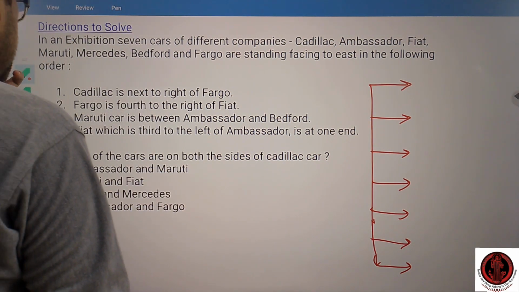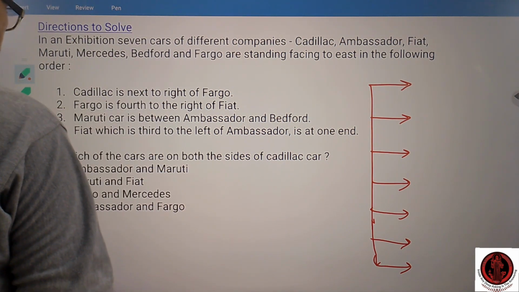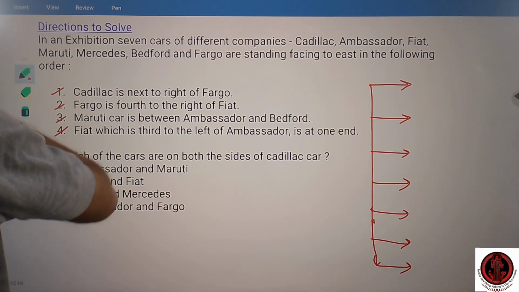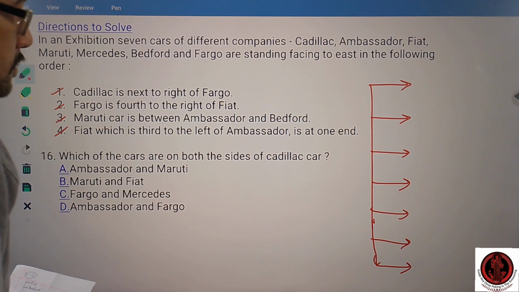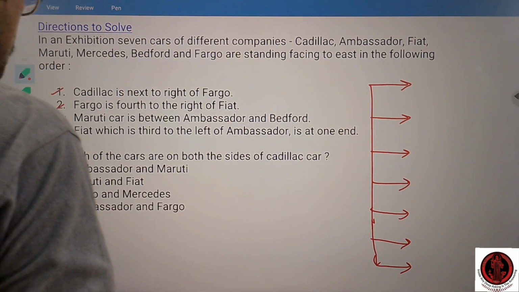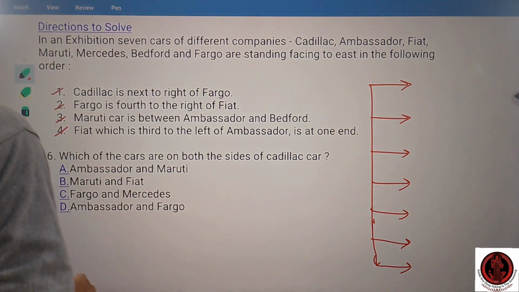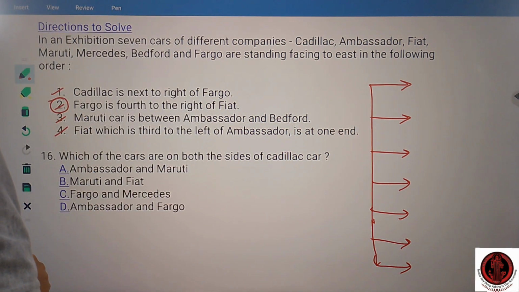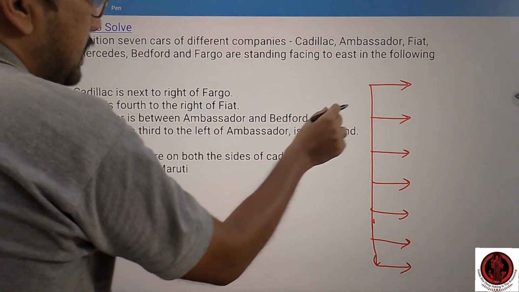This is a vertical seating arrangement. Now first, the options are given. 4 conditions are given. First, you have to draw the diagram. So first, you have to draw the second one, because this is the exact one you can write.